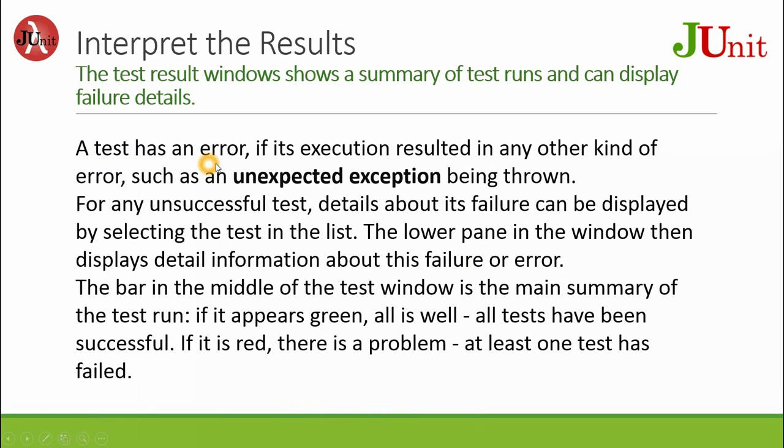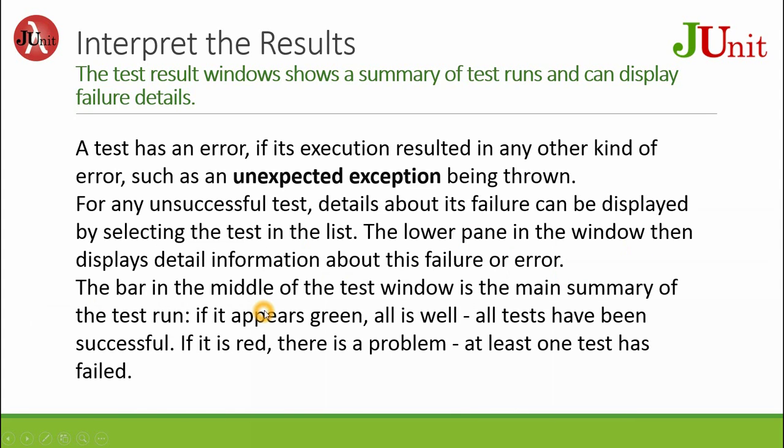A test has an error if its execution results in any kind of error, such as an unexpected exception being thrown. Say you cannot find a file, or the system is down or something. For any unsuccessful test, details about its failure can be displayed by selecting the test in the list. The lower pane in the window then displays the detailed information about this failure or error.